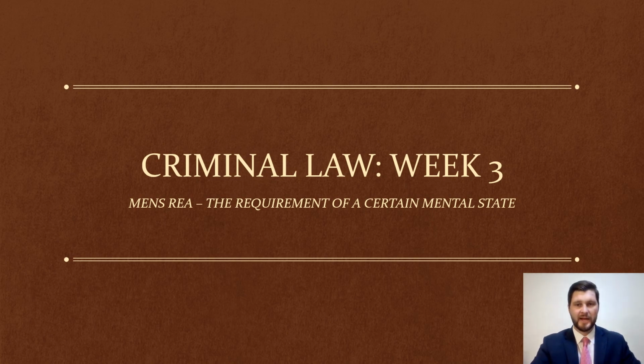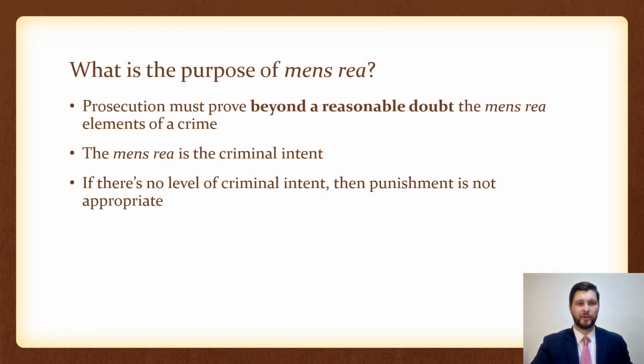So with that being said, we move forward and start with the purpose of mens rea. The prosecution has to prove beyond a reasonable doubt the mens rea elements of the crime, just like with any element of a crime. So with a theft charge, they have to show beyond a reasonable doubt that a person intended to deprive somebody of that property.